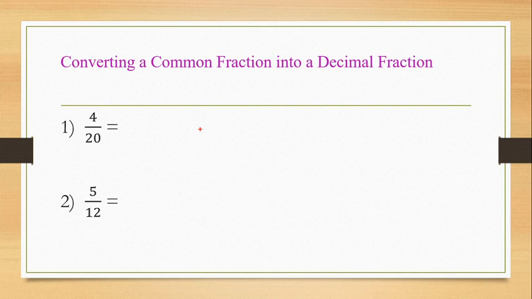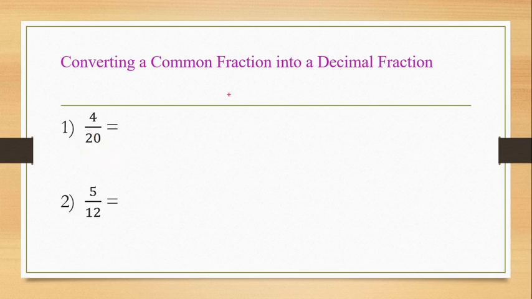How to convert it? Here you can see the denominator is 20. This denominator has to be converted into a multiple of 10, so it can be 10, or you can make it 100, 1000, 10,000, lakhs and so on. You have to adjust the number of zeros.